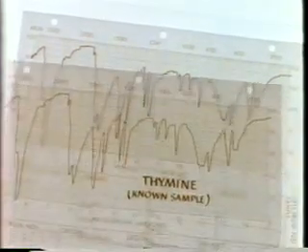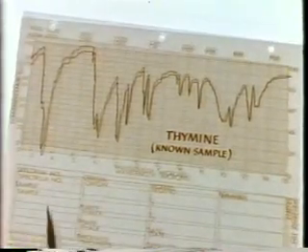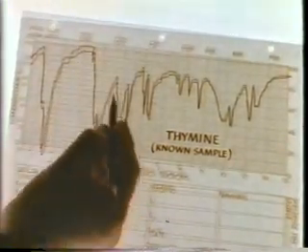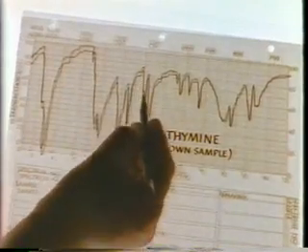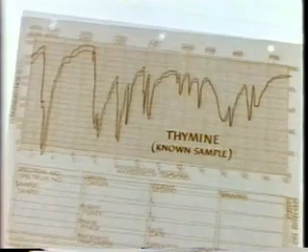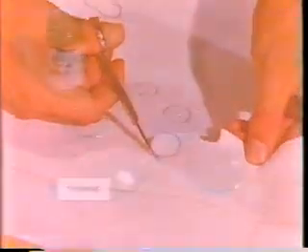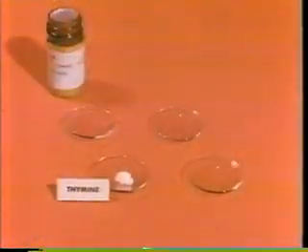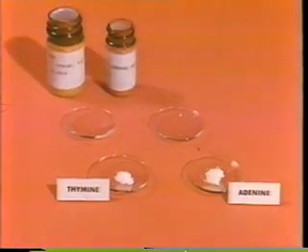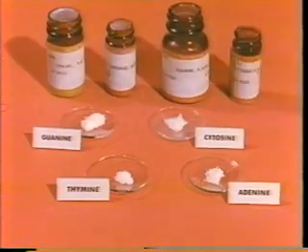The absorption spectrum produced by one of these extracts is compared with the known absorption spectrum of the chemical thymine. Apparently, chromosomes contain thymine. Similar analysis of the other components shows that each has its own characteristic spectrum. Identification shows that besides thymine, chromosomes contain adenine, guanine, and cytosine.